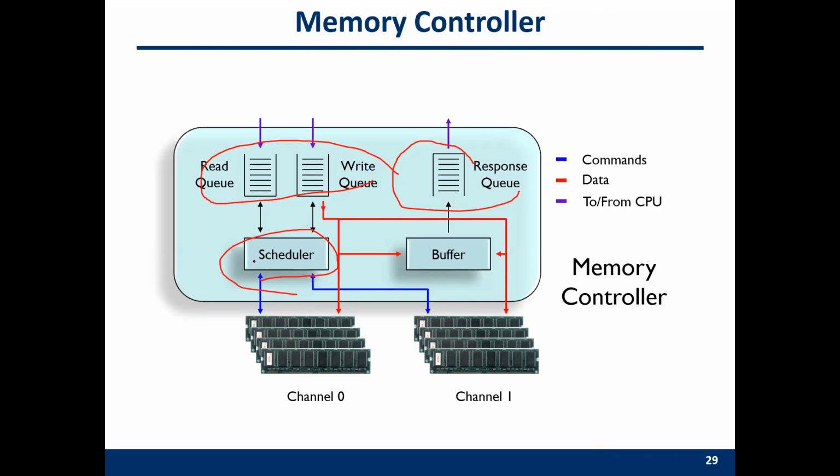You have to open a row and then close it, then open another row and close it, and open the first row again. But if you reorder the second one and the third one, you can have a row buffer hit. So the memory controller can also do some lightweight scheduling.